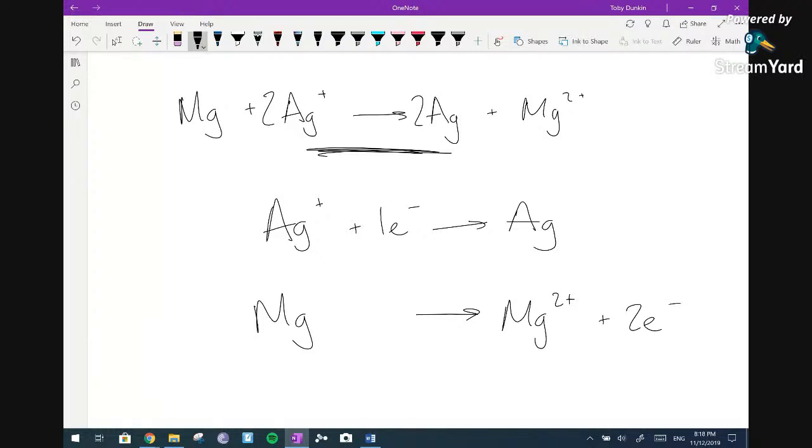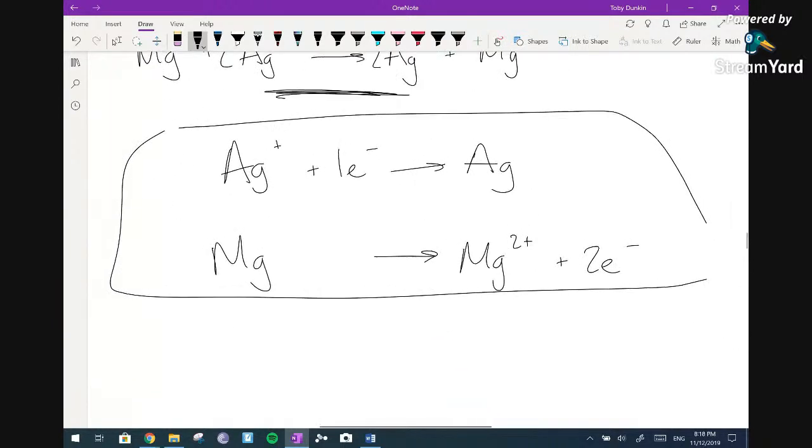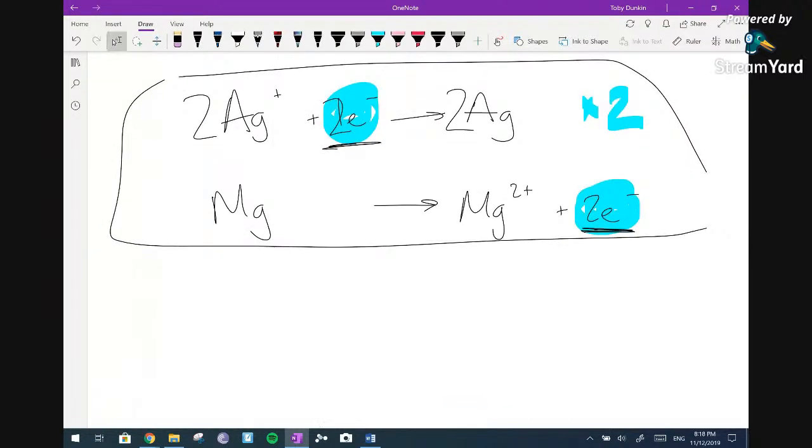We can put these 2 equations together. In order to do that, we need electrons to completely vanish, so we need to have 2 going in and 2 coming out. What that means is I'm going to double the top equation. Then I have 2 electrons going in and 2 electrons coming out. I can now put those 2 reactions together.